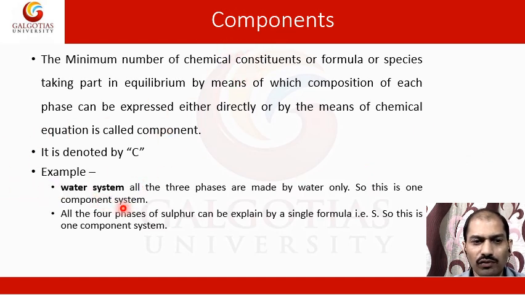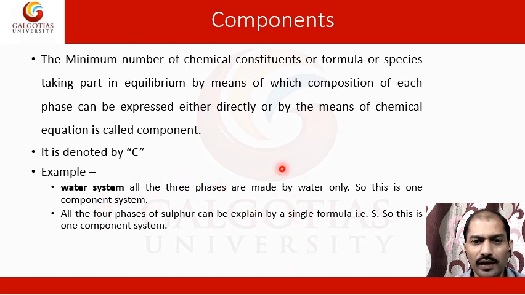So if you see, for example, the water system, all the three phases are made by water only, so there is one component system. All the four phases of sulfur can be explained by a single formula, sulfur. So you can say the component water is water, whether you represent it as ice, the formula will be H2O, or liquid or gas.